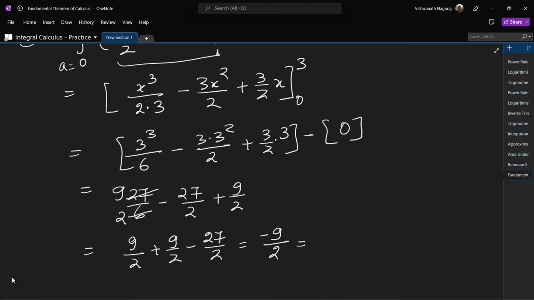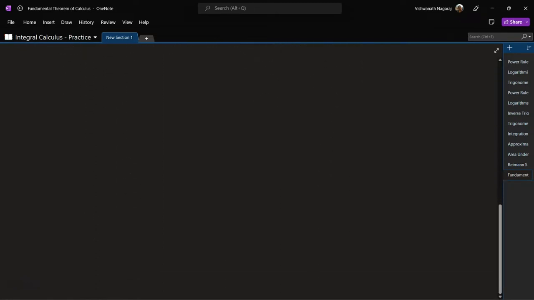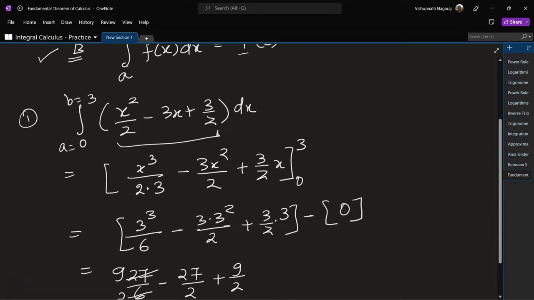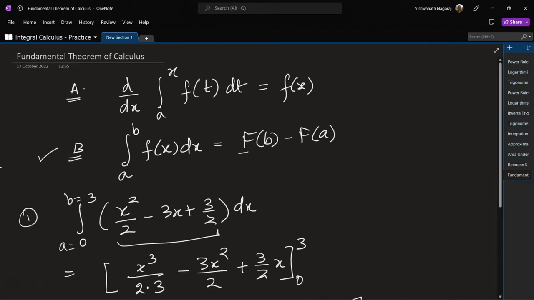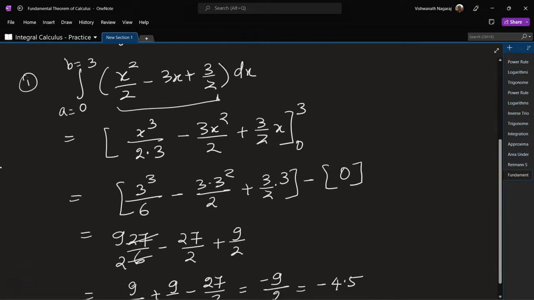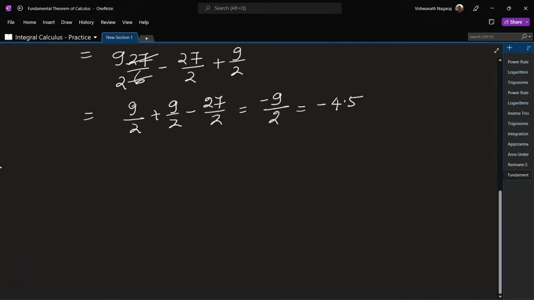We can leave this as it is or we can write it as minus 4.5. So that is the area under the curve between these 2 points. If you have gone through my previous sessions, we have evaluated the areas under the curve using different methods. This is much more straightforward.